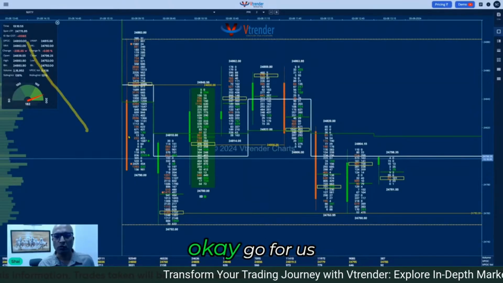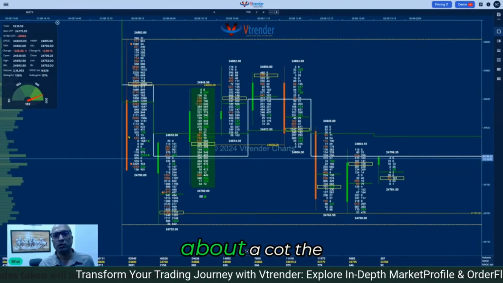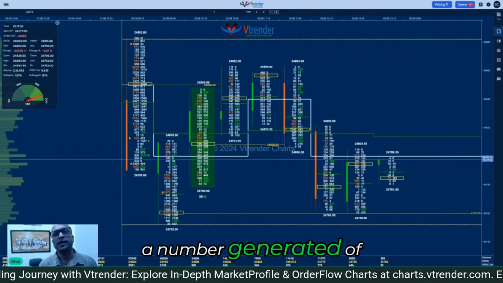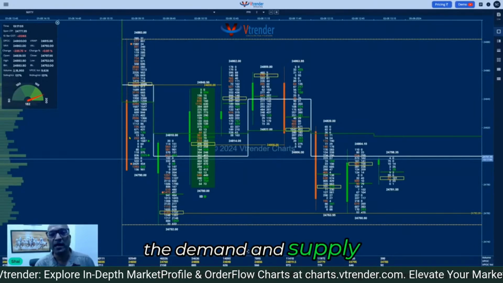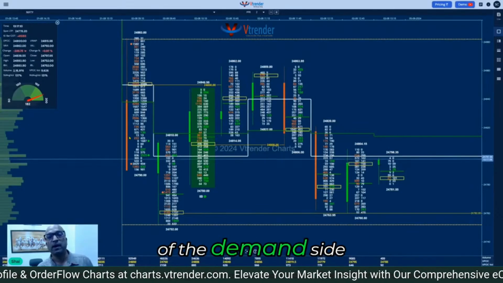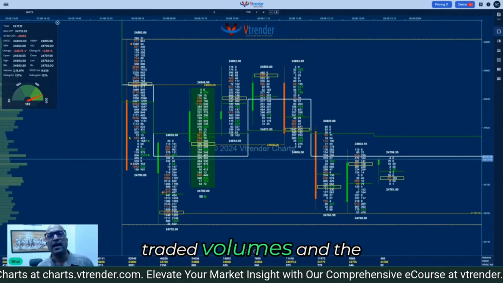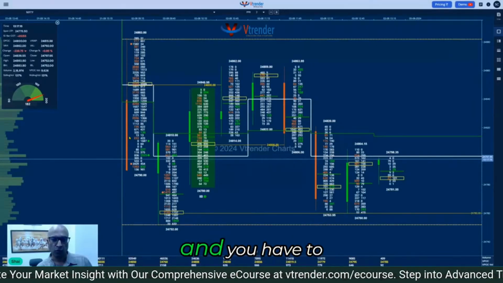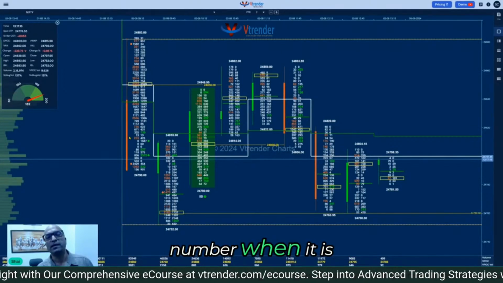Now, a few things go for us when we are speaking about a COT. The COT is a number generated off the demand and supply of the market, and I'll repeat that again. It's a number generated off the demand side traded volumes and the supply side traded volumes of the market. And you have to pay attention to this number when it is big.